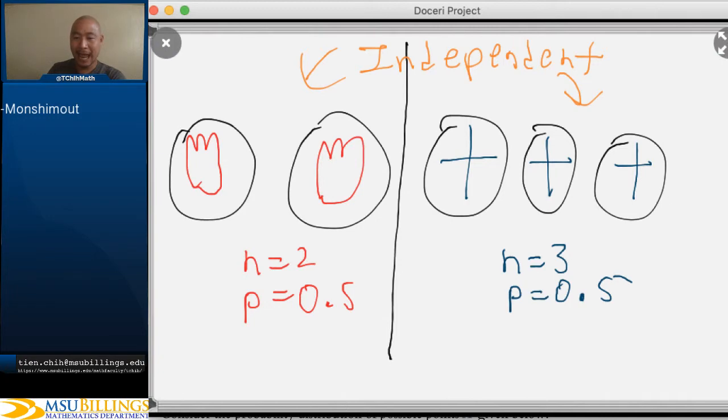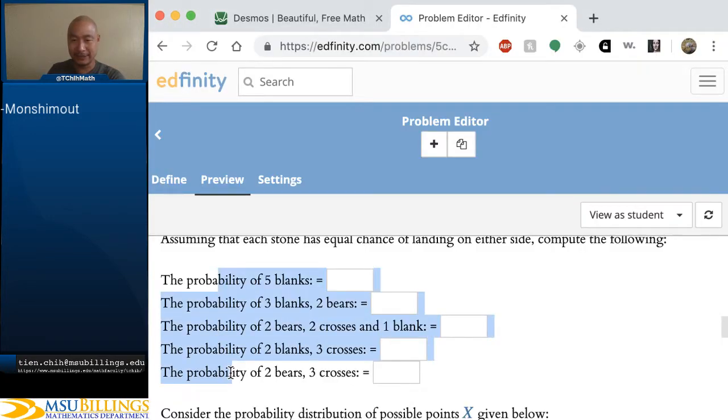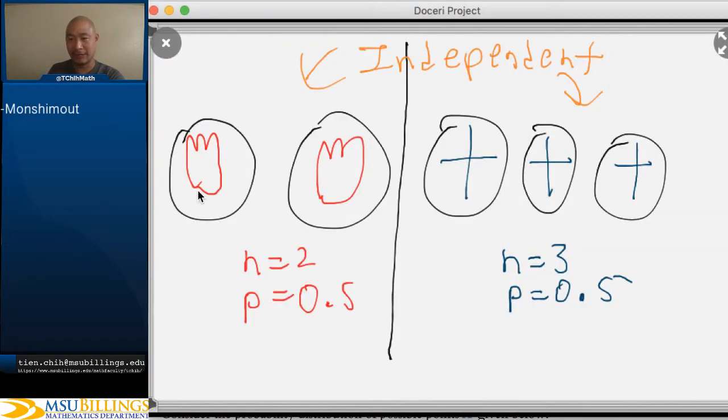So every one of these 6 events can be thought of as some event happening to the bear stones and some event happening to the cross stones. And then knowing that they both have to occur at the same time and that these things are independent, and putting all that together should tell you how to compute those probabilities. All right, I hope that helps.